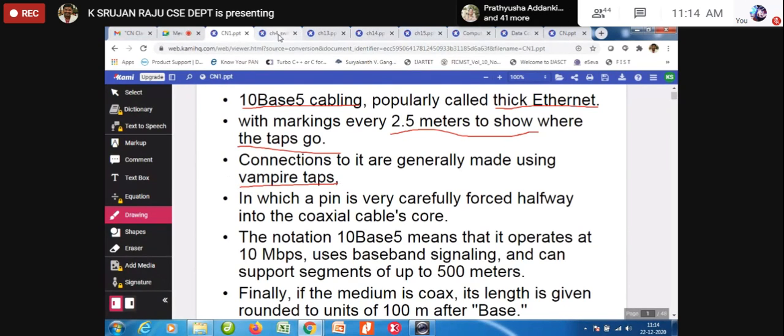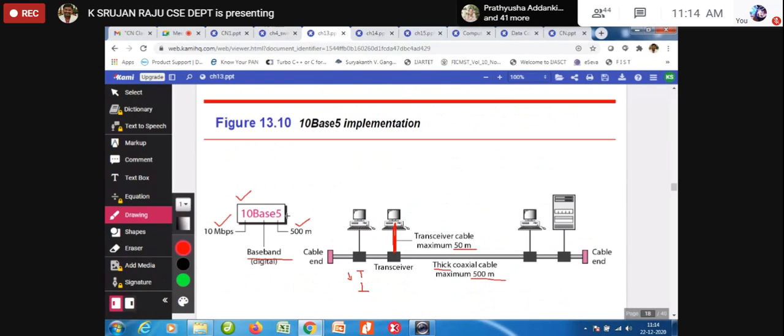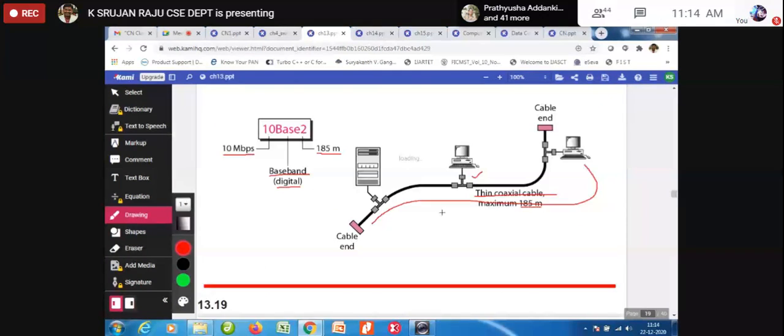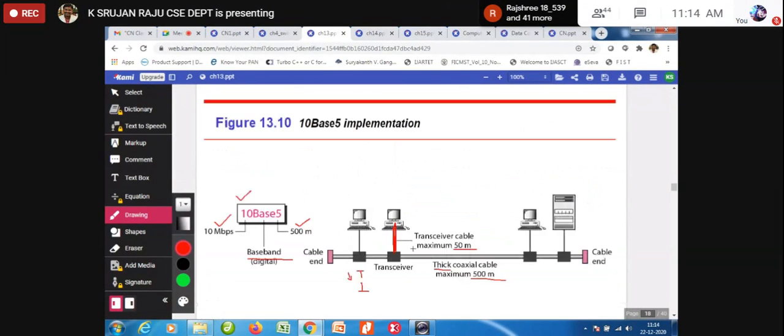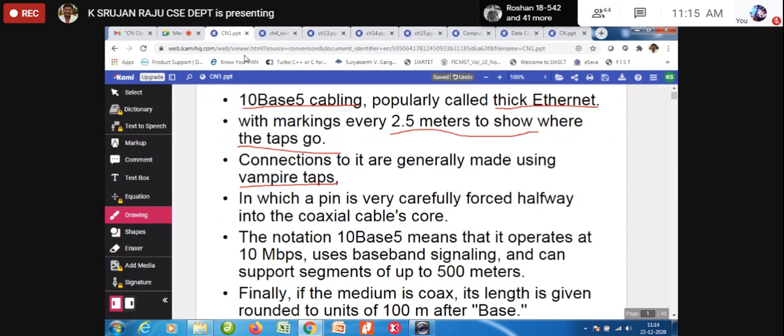Yesterday I told you that in 10Base2 we use T connectors. In 10Base5, this is called a tap, and we call this tap a vampire tap. Please note it down.